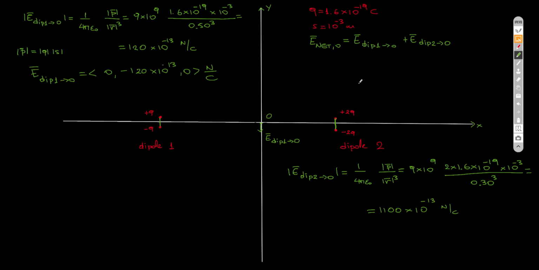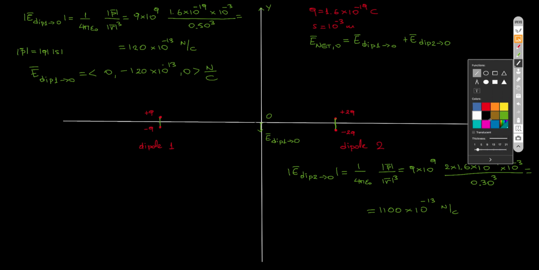Using the same process as I used for dipole 1, the electric field at O from dipole 2 can be broken into the two contributions from the two charges. At O, the field from the positive charge is going to point away from the positive charge, and from the negative charge it is going to point towards the negative charge, and the sum of the two will give me a net electric field that points down.